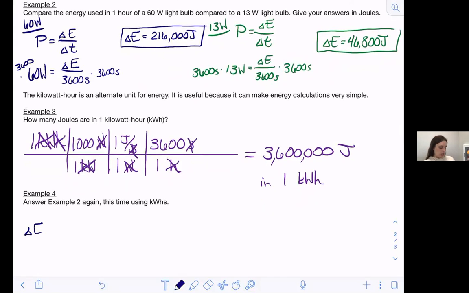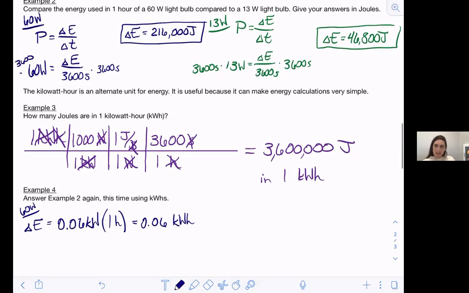So our energy is going to be the kilowatts, 60 divided by 1,000, which is 0.06 kilowatts, and we have that on for 1 hour. So the energy for that 60 watt light bulb is going to be 0.06 kilowatt hours. That was pretty easy, wasn't it?